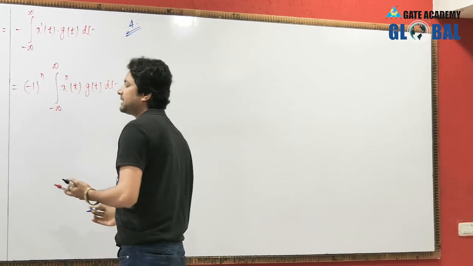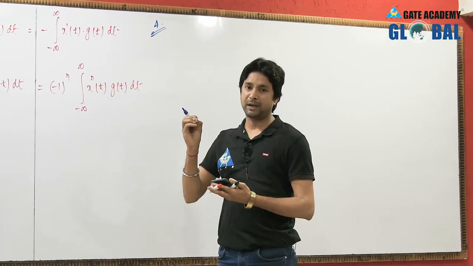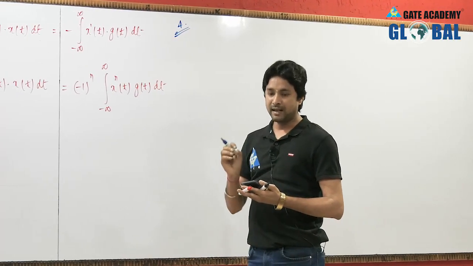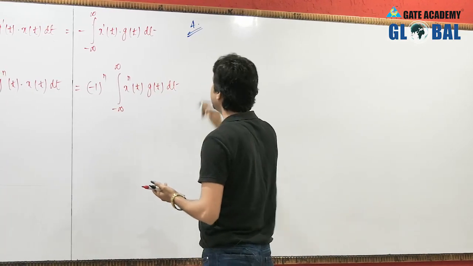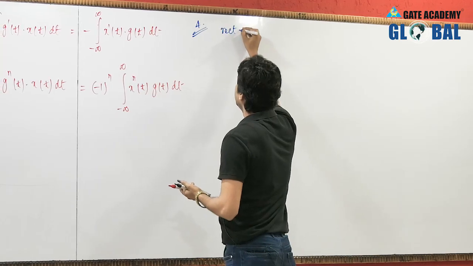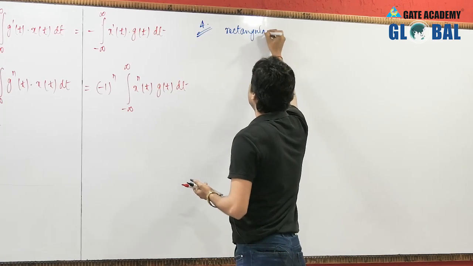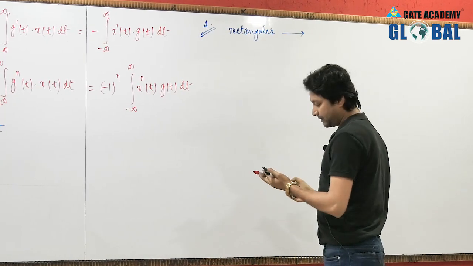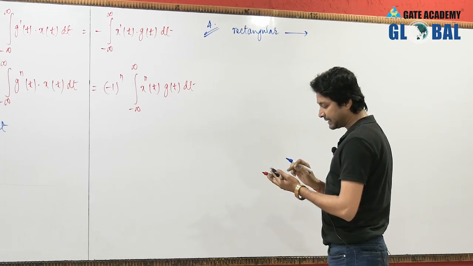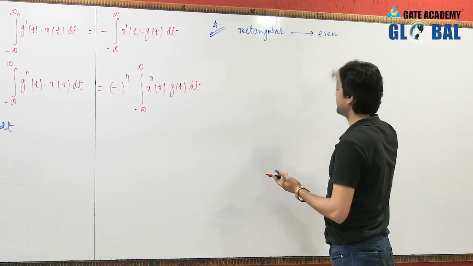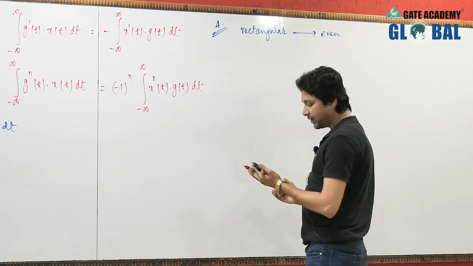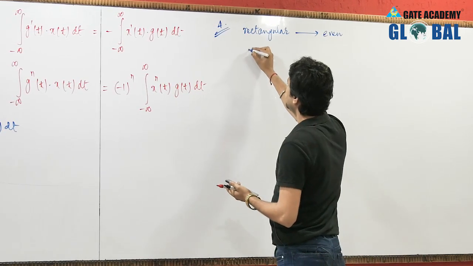In question number 4, I just want to include some part of aptitude, or you can say reasoning. Here it is given that in a code language, the word rectangular is used for even. Rectangular represents even. Next, the meanings of width and amplitude are interchanged.